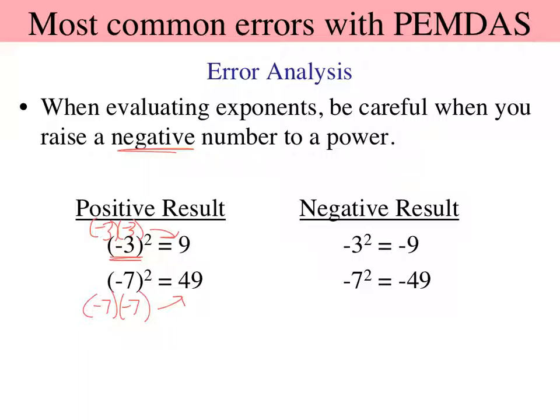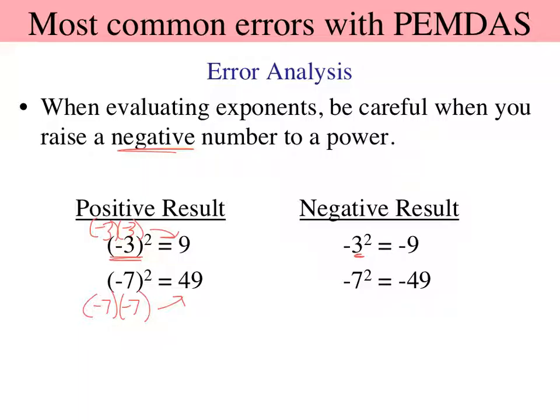So a nice little trick would be positive parentheses, positive parentheses, they both begin with P. And then the negative results are when you do not have parentheses around the number. So something like -3 squared, you're just squaring what the exponent's touching, which is just the 3.